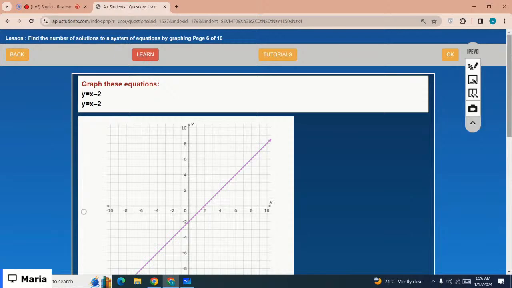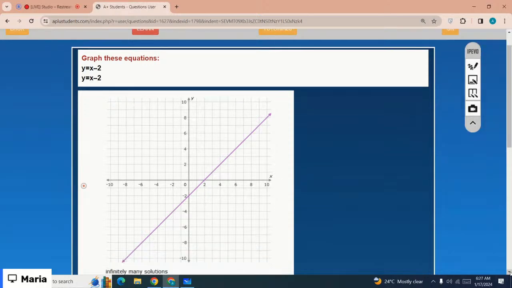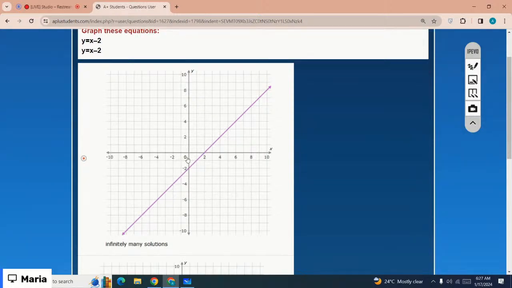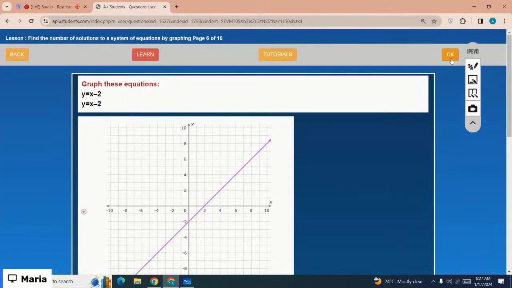The correct option is option number 1, right? The system has infinitely many solutions because both the equations are exactly same. That means the system has infinitely many solutions, right? Option number 1 is the correct option.